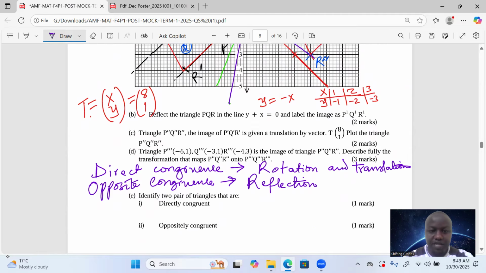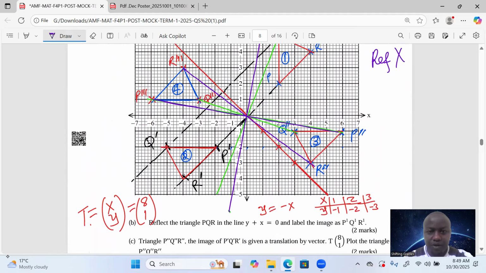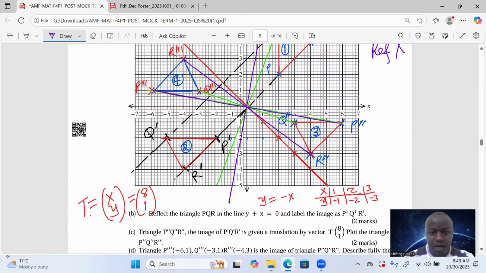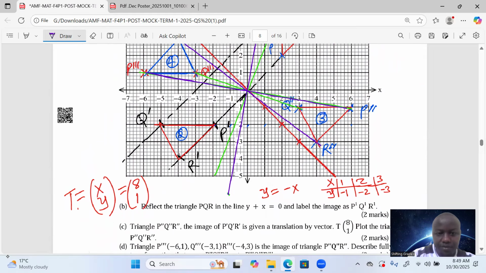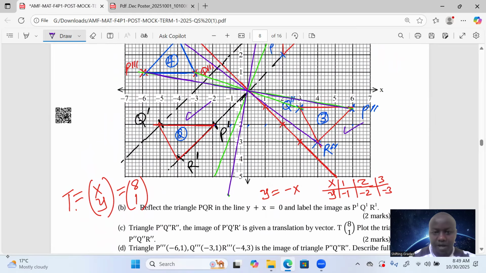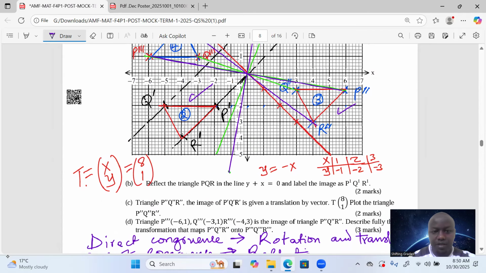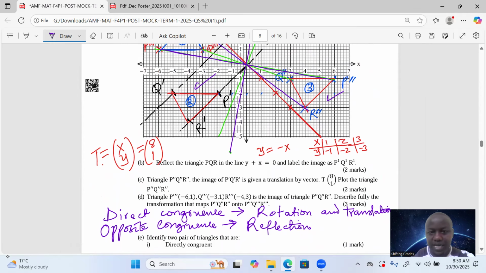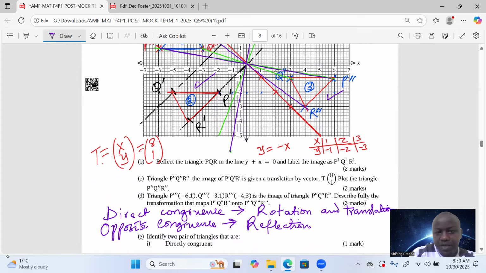So let's talk about direct congruence. We need to talk about the second triangle here, which was mapped to the third one here. Therefore, P prime and P double prime, there was a translation there. Therefore, it's a direct congruence. In other words, when you lift P prime, Q prime, and R prime, it shall fit directly in the image without having to tilt it through many angles.